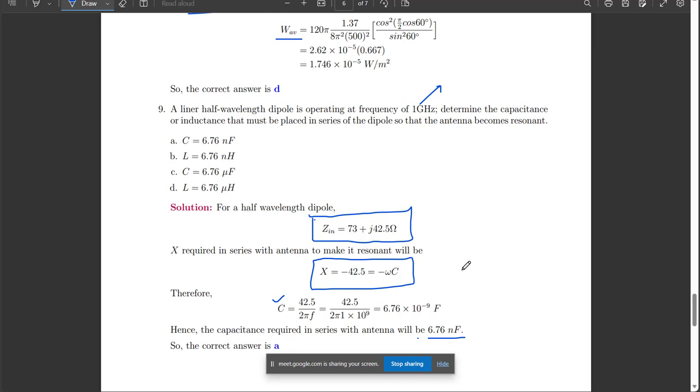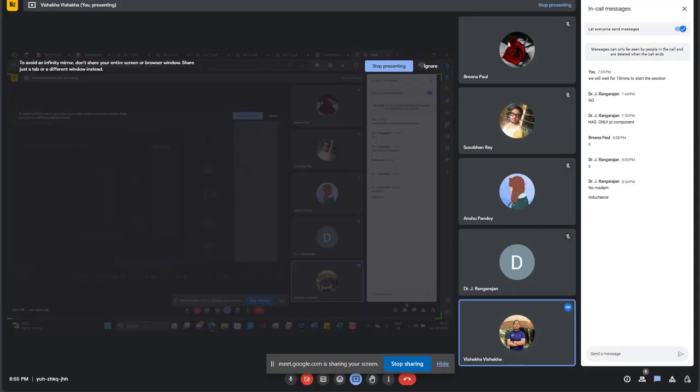But if we want an element in parallel, what element will we use? Inductor. Yes, very good, we will use an inductor in parallel.